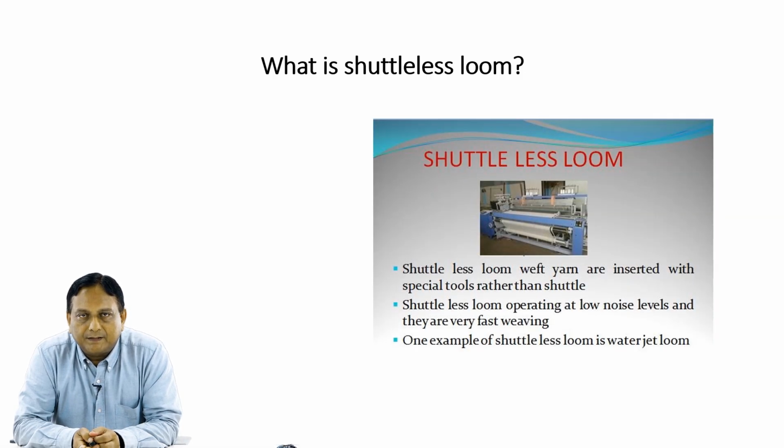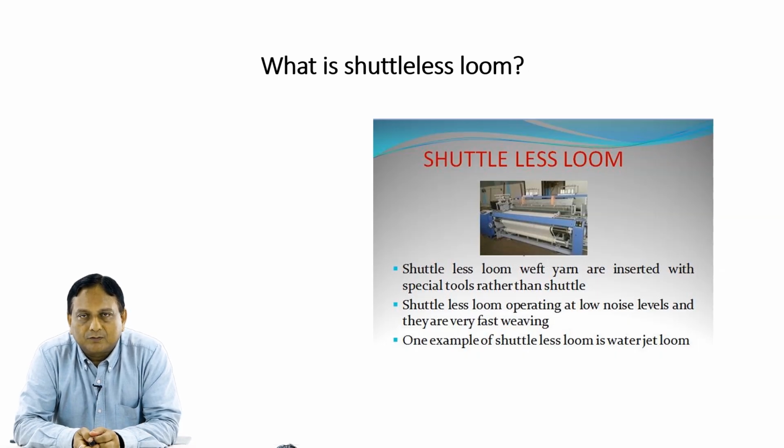The main characteristic of a shuttle-less loom is that the weft yarns are inserted with special tools. Here no shuttle is used, and shuttle-less looms operate at a low noise level, and they weave very fast. So these are the characteristics of a shuttle-less loom.